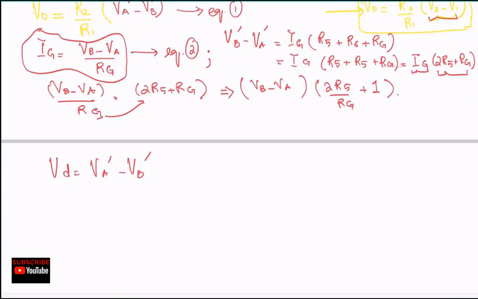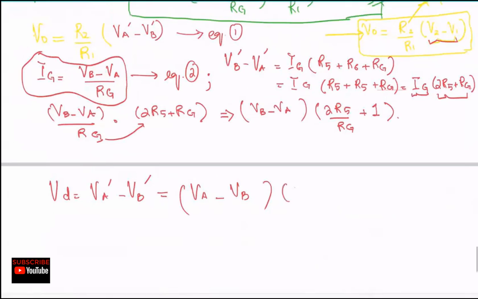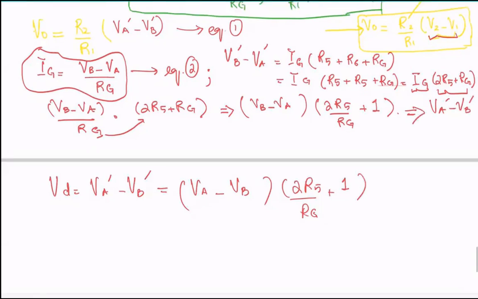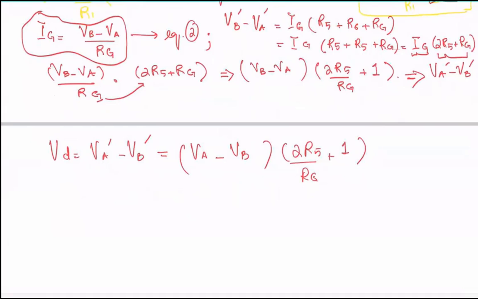Okay, and then this is equivalent to saying VA minus VB times 2R5 over RG plus 1, okay? Because this equation right here was VA bar minus VB bar, correct? So I can write it down over here like this, okay?